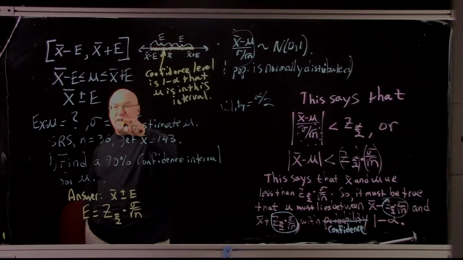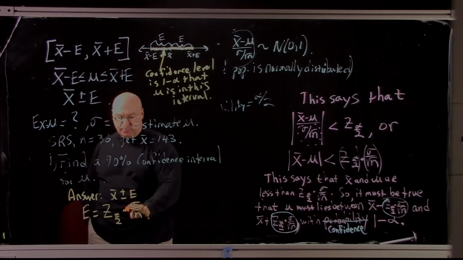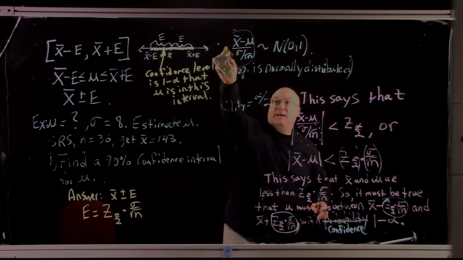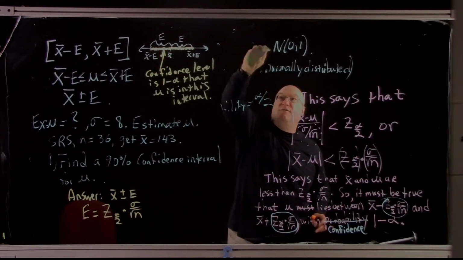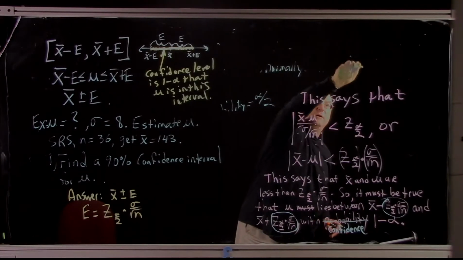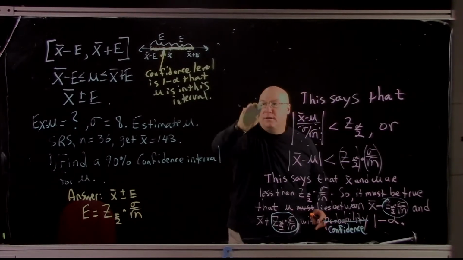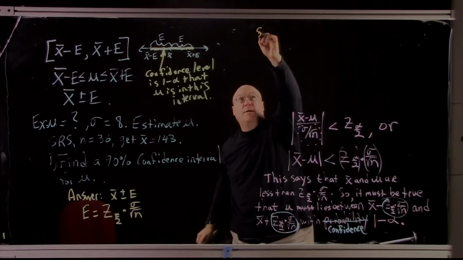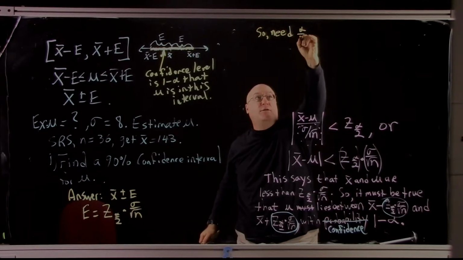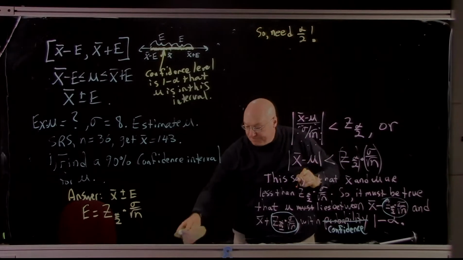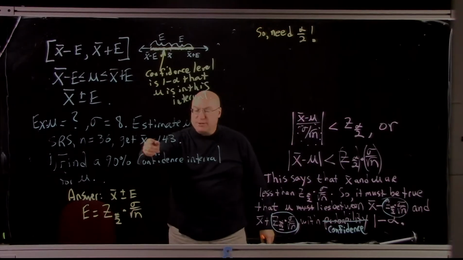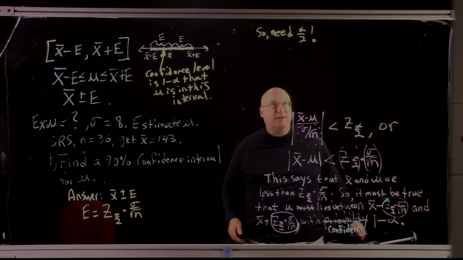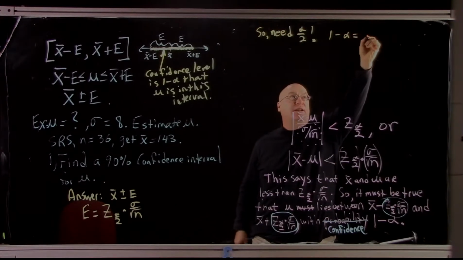Well, look, sigma is 8 and n is 36, so I can plug all this in. I just have to figure out z alpha over 2. I can read that easily enough from the table if I can figure out what alpha over 2 is. 90% is a 100 times 1 minus alpha percent confidence interval, so 1 minus alpha is 90% or 0.9.